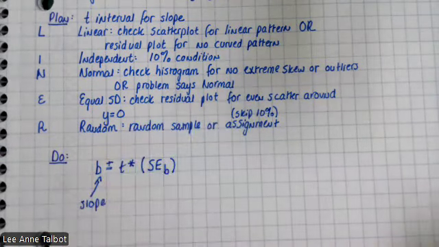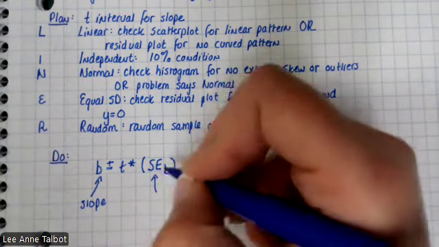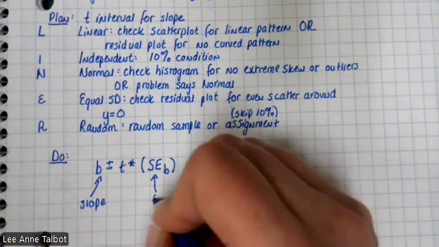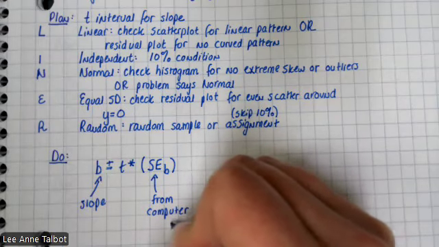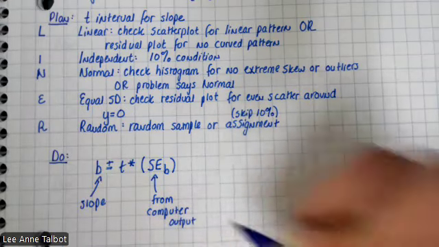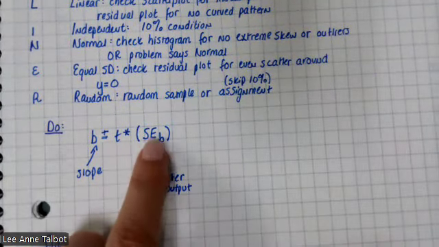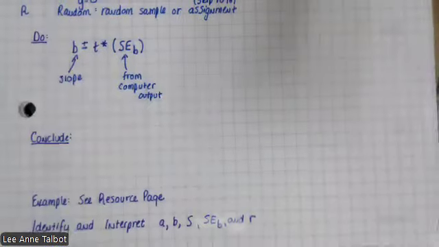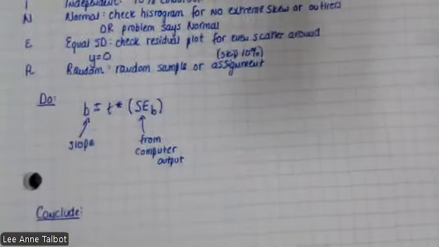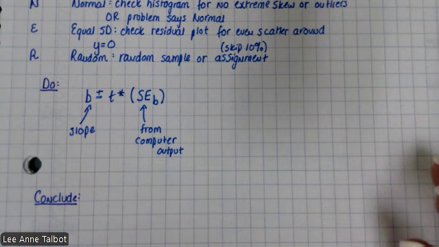If you can keep in mind that this whole problem is about slope, it really helps. This is going to be from the computer output. I have never seen an FRQ where they didn't give you the computer output. Last year's kids told me this was one of the FRQs on the AP exam. I find that hard to believe. I have not printed it out yet, but we'll see.